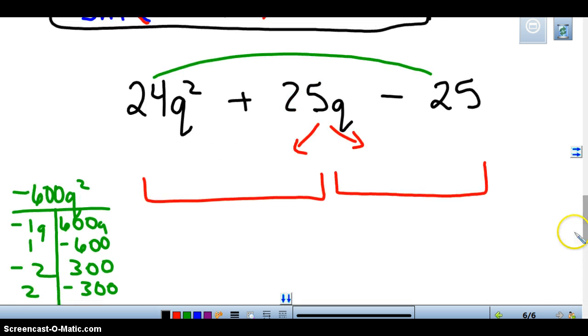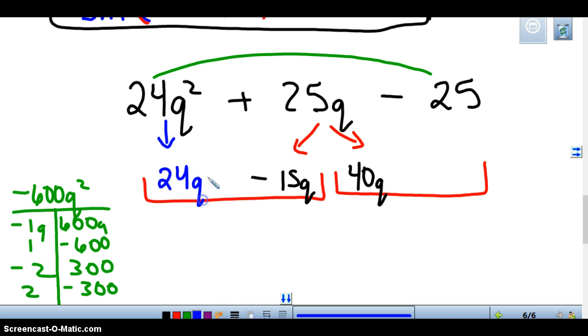So we plug these in here, -15q and 40q. Now we just have to bring down the 24q squared and the -25.